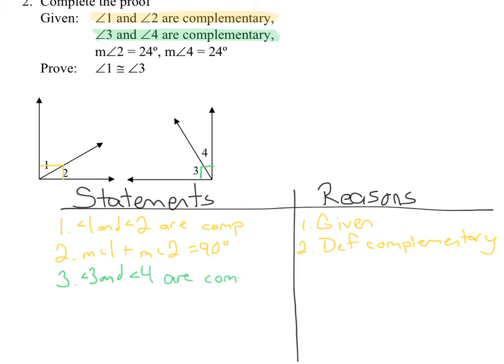Again, I'm going to abbreviate it. That's totally okay. That was a given piece of information. And then we wrote what that meant: the measure of angle 3 plus the measure of angle 4 equals 90 degrees. And again, that's by definition of complementary.